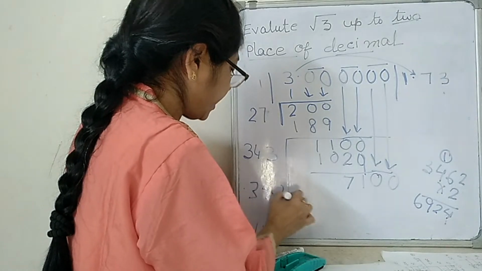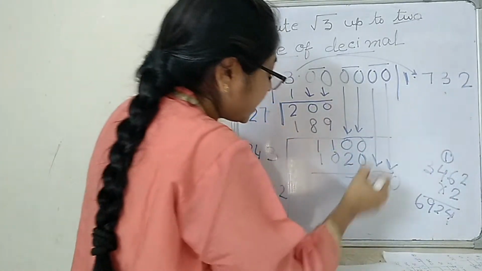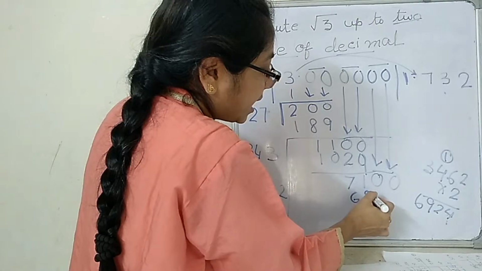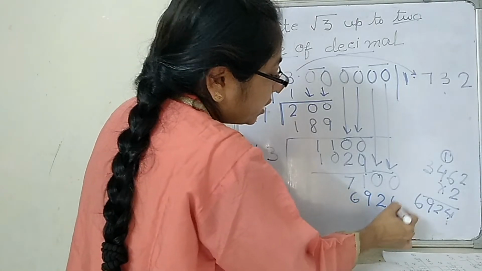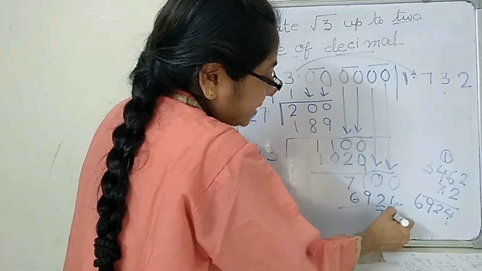I write 2 here, or I write 2 here. 692 into 2 is 692 2. The remainder is 76.